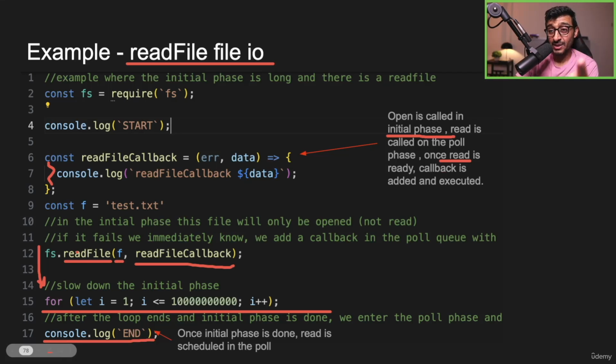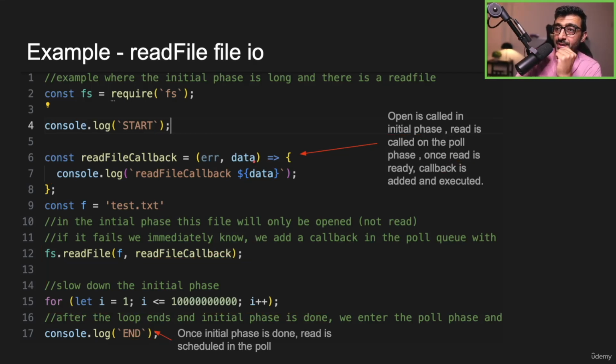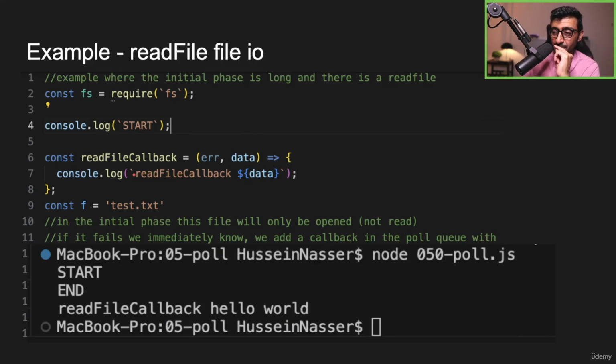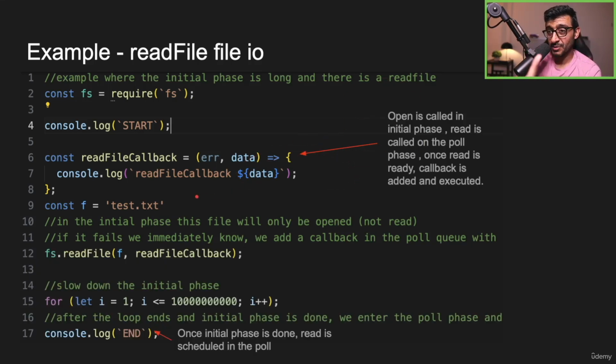And then the actual read will happen after the timer phase, pending callback, idle, prepare, and then finally the poll phase, where we will actually execute the read, register the callback, and then execute the callback. Capiche? That's how it's done. So this will be the output in this particular case: we're gonna do a start, end, and then we're gonna read the file, and the content is hello world. Sounds simple enough. Keep that in mind, because what does it mean if the file doesn't exist?